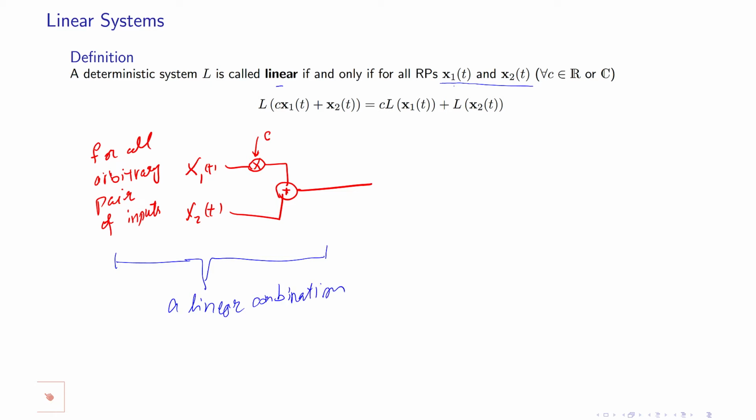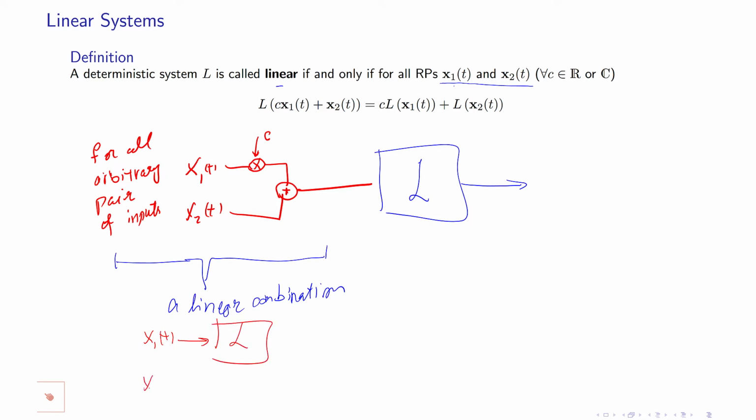Now if I put my linear system L here, I get one output. Now I could do the other way around. I could put x1 of t and give it to this linear system.